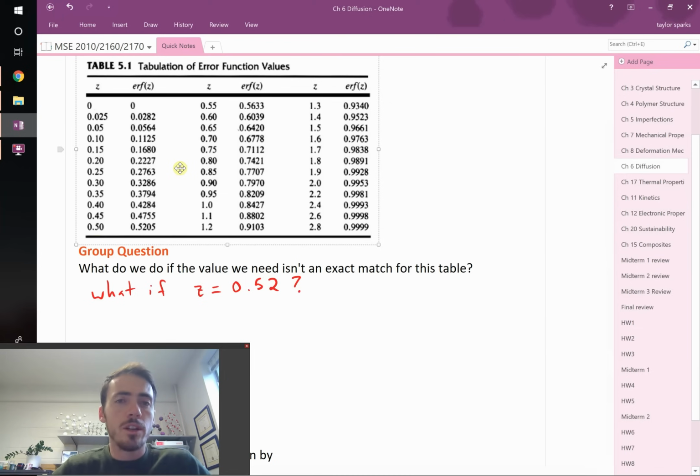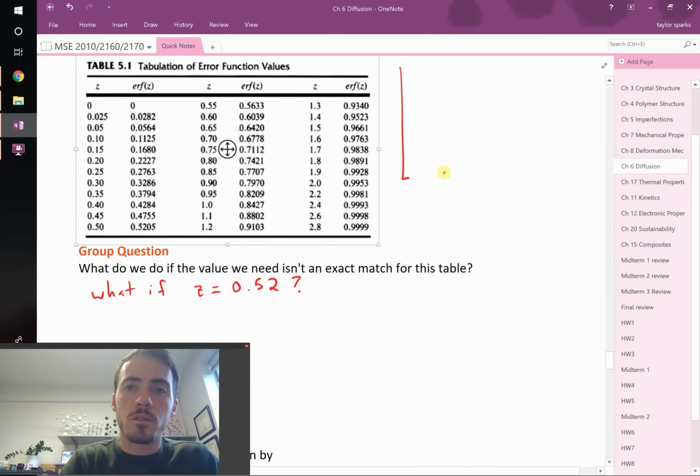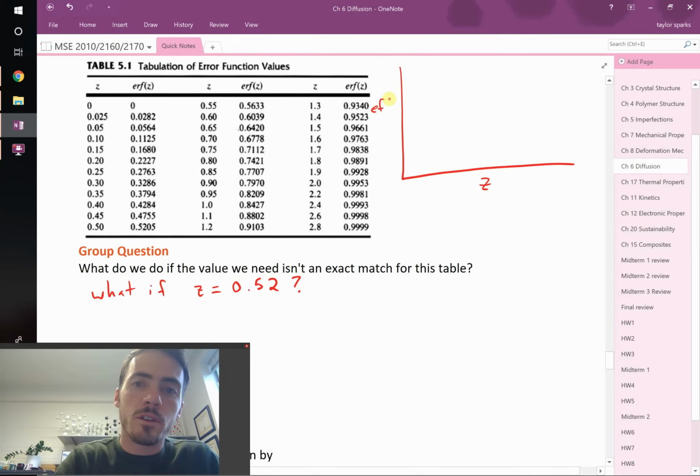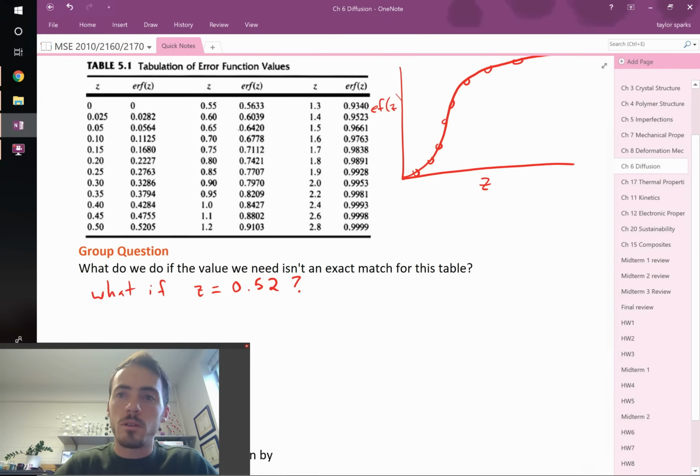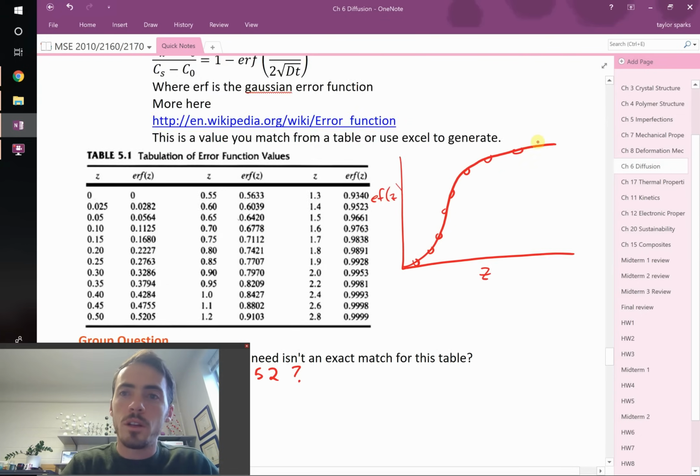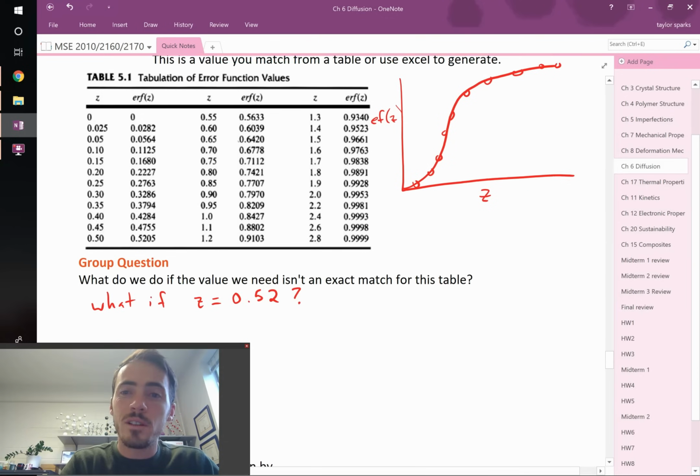A linear interpolation basically says the following. We know that our error function looks something like this. If this is z, and this is error function of z, it's doing something kind of like this. So we have data points every 0.05. If you look at those and your points are zoomed in enough, it's basically linear lines between them.